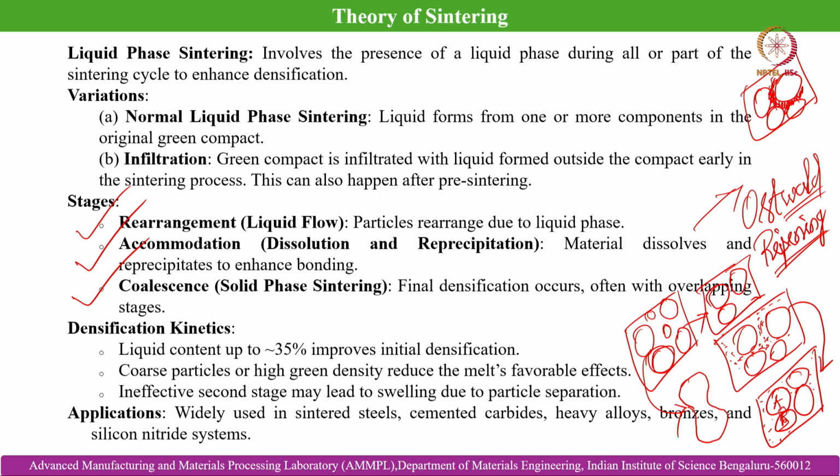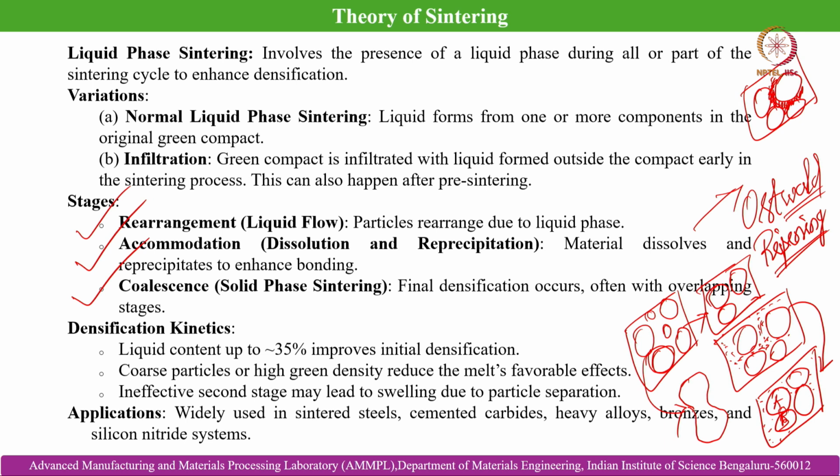So, if they are not in touch, then they cannot be joined together or coalesce together to generate the fully formed grains. Hence liquid phase sintering becomes ineffective if the particles get swelled away from each other because of the improper presence or improper flow of the liquid matrix that is generated in case of liquid phase sintering.